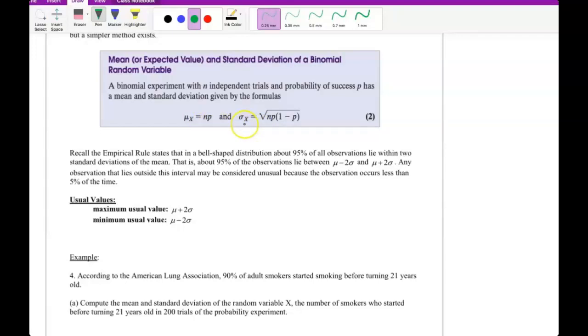On this part, standard deviation is the square root of n times probability of success times 1 minus p. This 1 minus p is q, or probability of failure. And this p was probability of success.